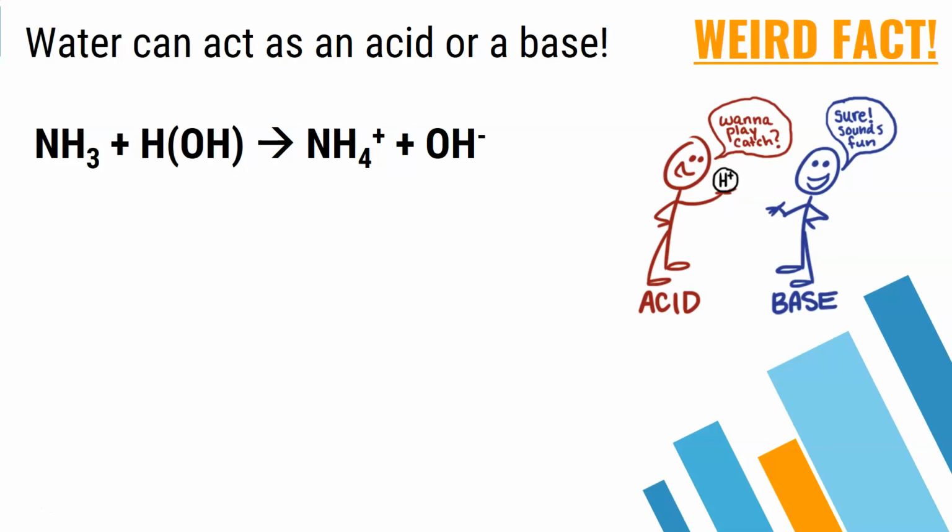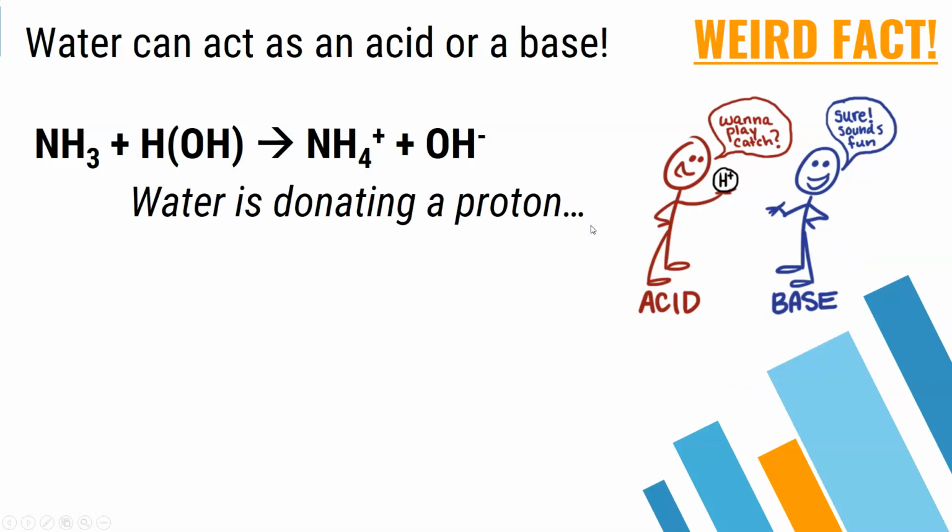If you look, water is donating a proton, isn't it? So if water is donating a proton, is it an acid or a base? It's an acid. Over here, NH3 likes to be a base. So water says, okay, fine, you want to be a base, then I'm happy to be an acid.